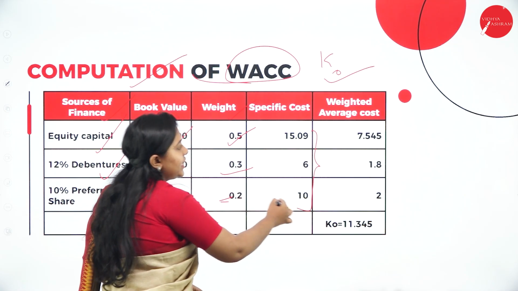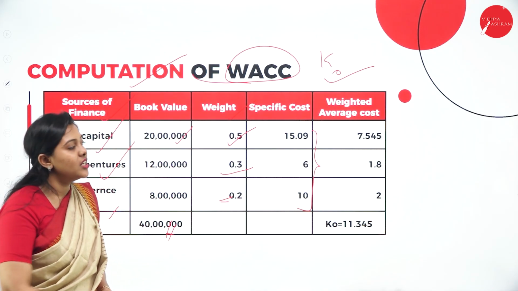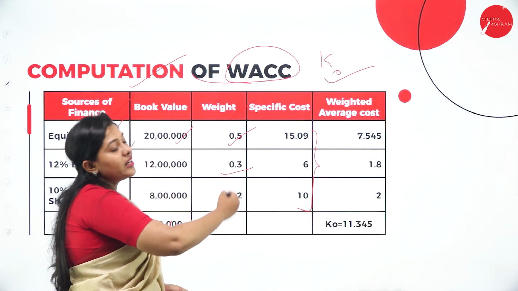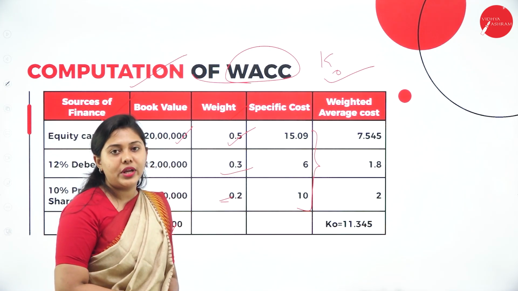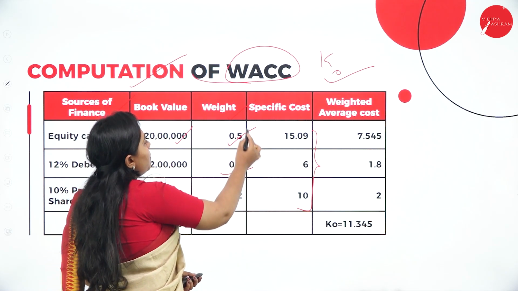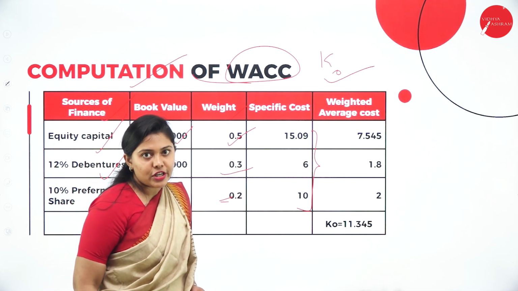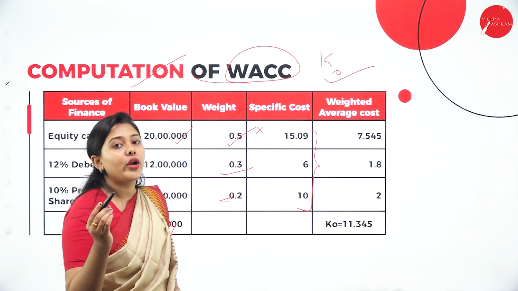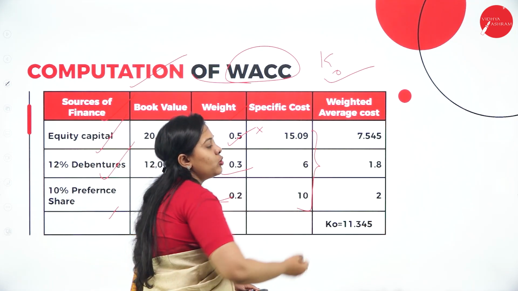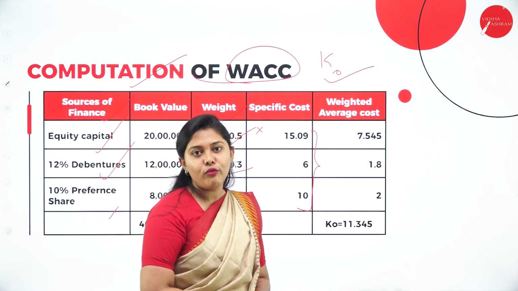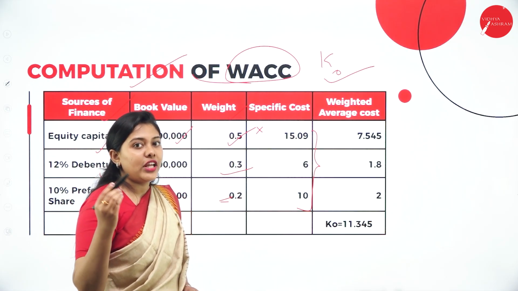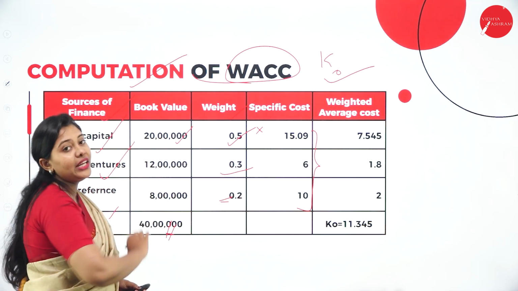We have directly taken all the specific costs. The next column to compute is weighted average cost. If you multiply weight with specific cost, 0.5 into 15.09, you get 7.545. That is nothing but the weighted average cost of equity capital.